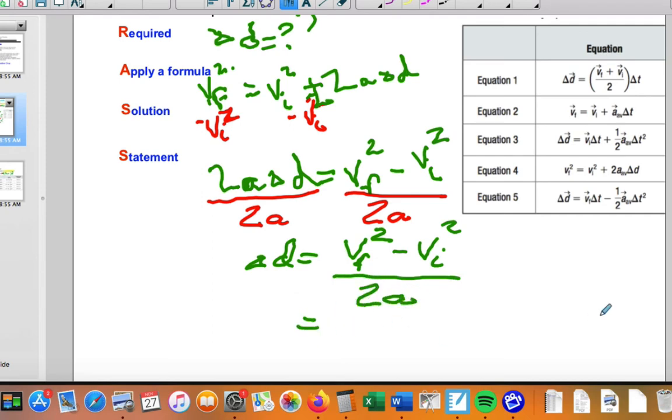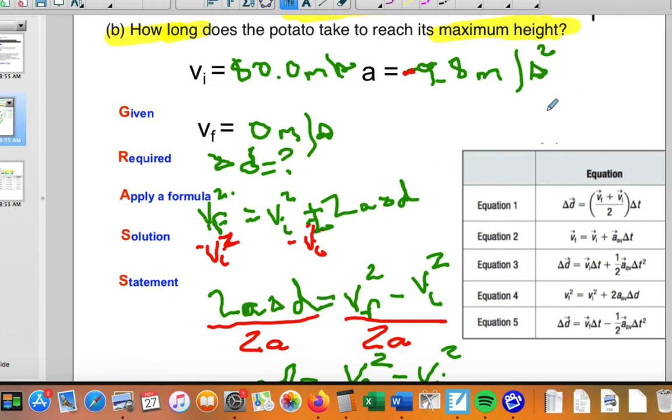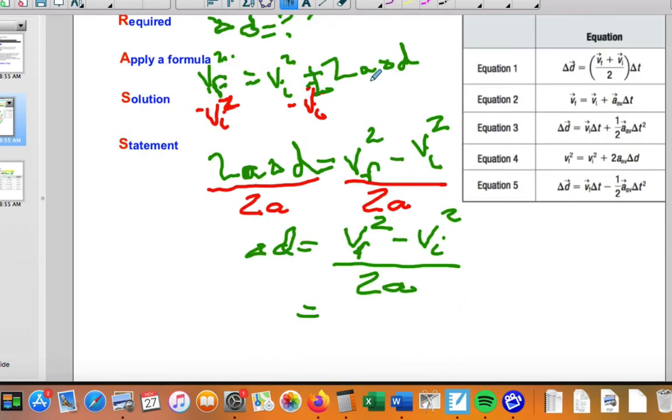So now substituting in the values that we determined previously, the final velocity when the potato reaches maximum height is 0 meters per second.